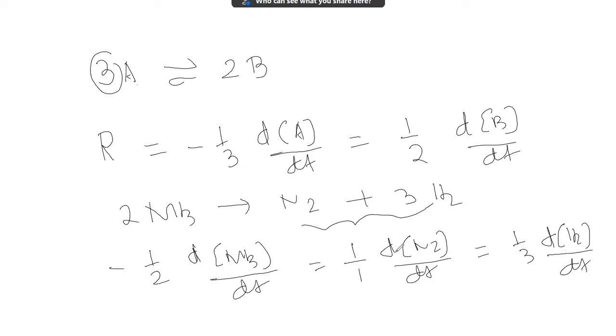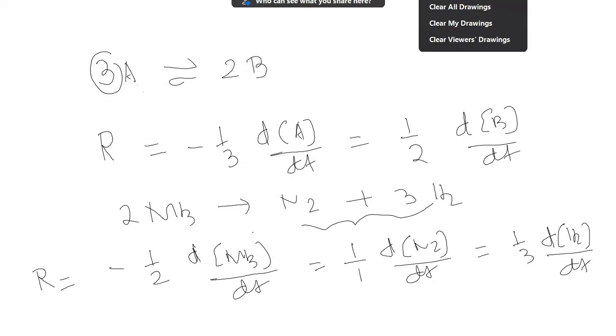This is the way I can express rate in terms of change in concentration of the reactant and product. Its unit should be moles per liter per second, since concentration is moles per liter. This is the concept of expressing the rate of the reaction in terms of change in concentration of the reactant and product.